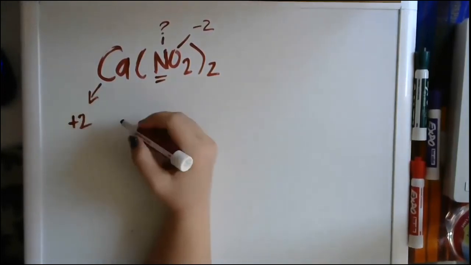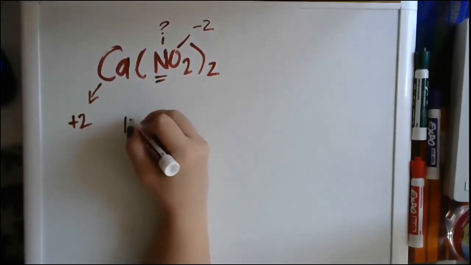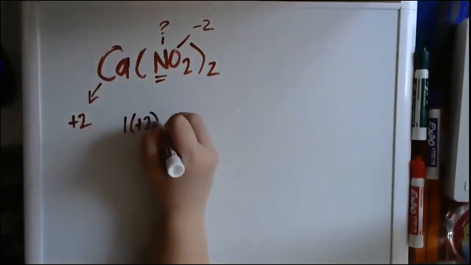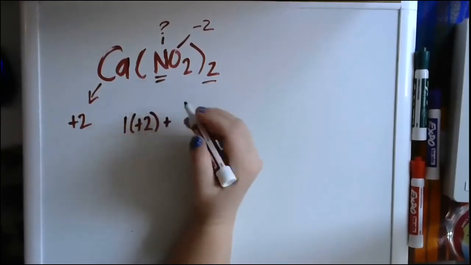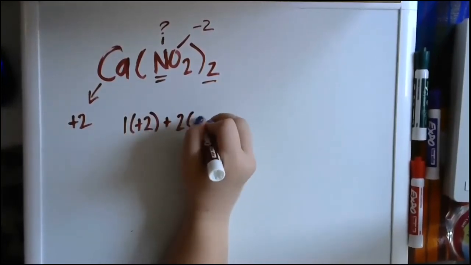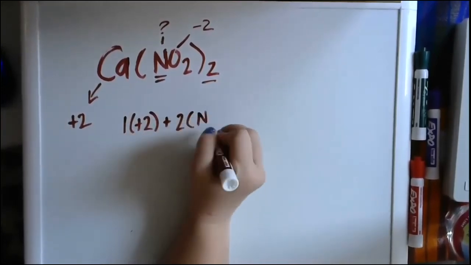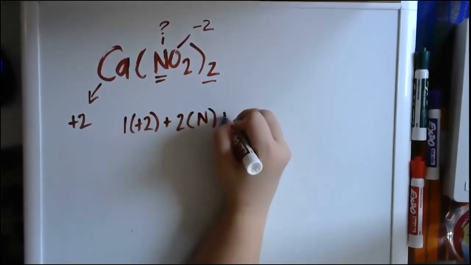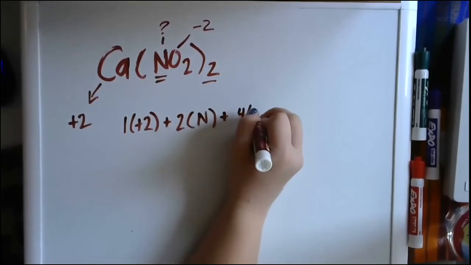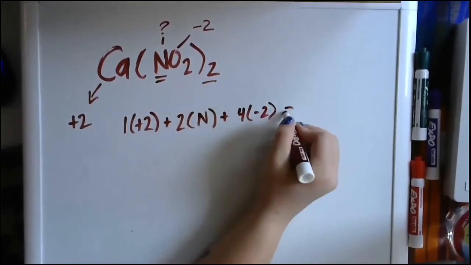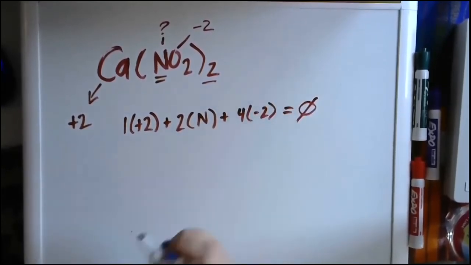So I've got 1 calcium, so that's going to be 1 times the oxidation state of positive 2. I've got 2 nitrogens, so that's 2 times whatever the oxidation state of nitrogen is. 2 times 2 is 4 oxygens, so that's 4 times -2. Because this is a neutral compound, they're going to equal 0.